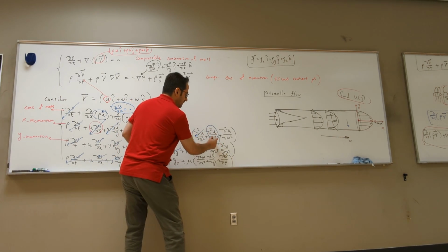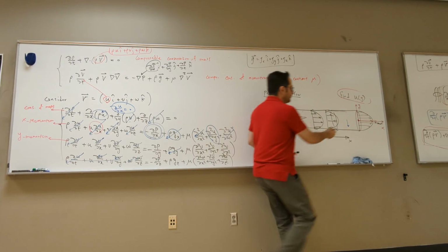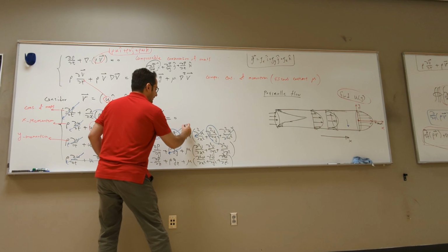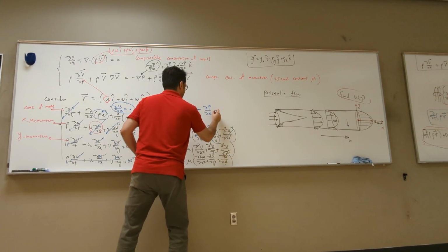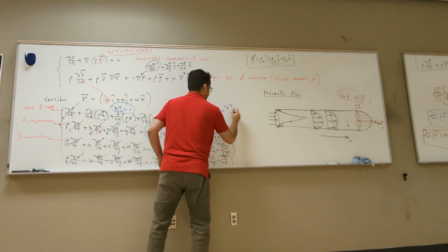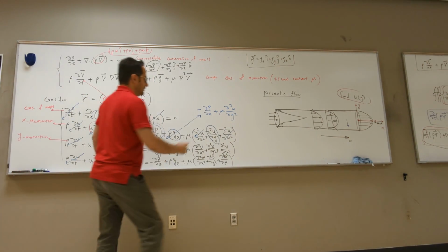This is non-zero, but this is also 0, there is no w. But u with respect to y will change, so you have the second derivative. So this equation simplifies to del p over del x plus mu times the second derivative of u with respect to y, equal to 0.